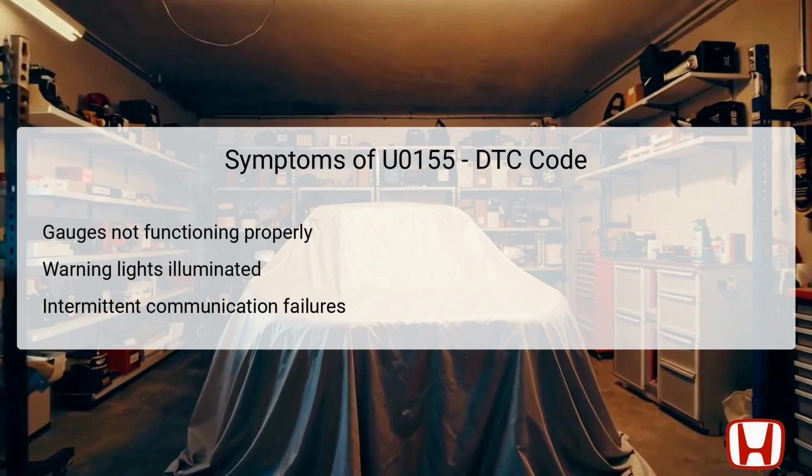Additionally, you could observe warning lights illuminating on the dashboard, indicating potential issues with various systems. Intermittent failures are also a possibility, where systems may work sporadically before failing completely. These symptoms not only compromise the functionality of the vehicle, but also can impact overall driving safety, underscoring the importance of addressing this DTC swiftly.